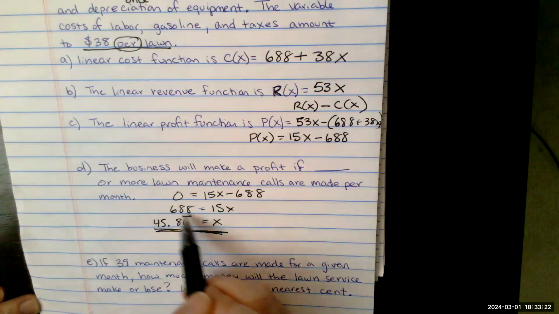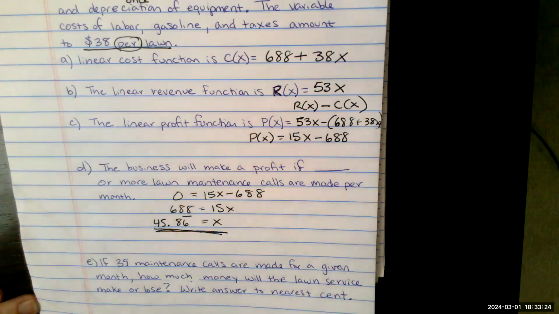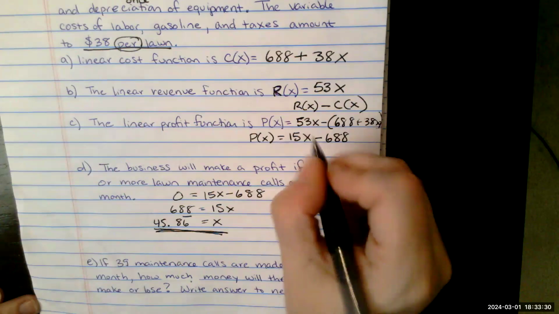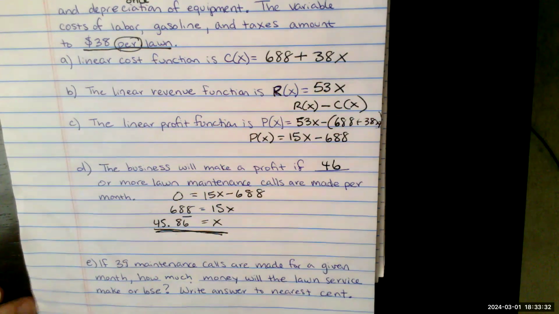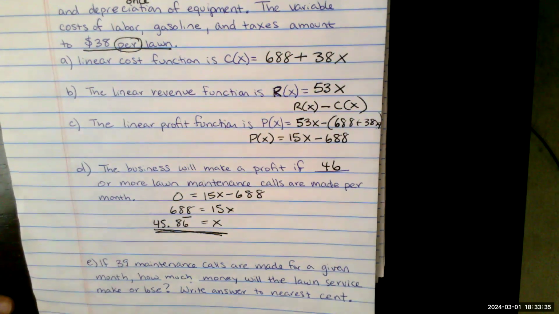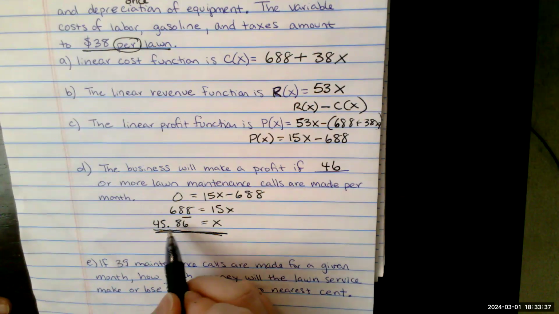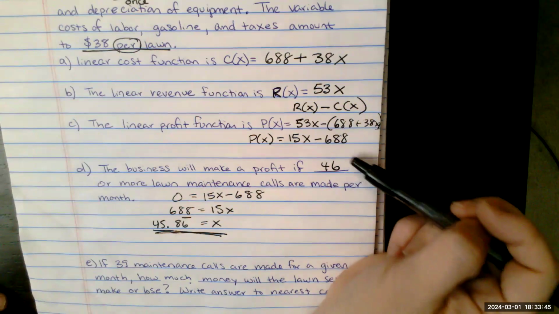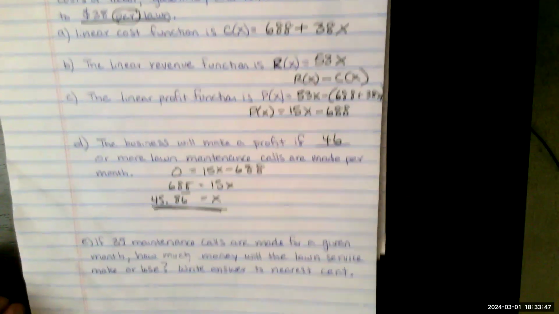So again, instead of using a weird decimal, because we normally just say I've done this many lawns a day, not 45.8, we're just going to go up to the next whole number and say, it probably wouldn't be a lot of money, but if I went up to 46, I'd at least be into the positives. I'd at least be making something. So I need to do 46 or more lawns to actually make a profit.